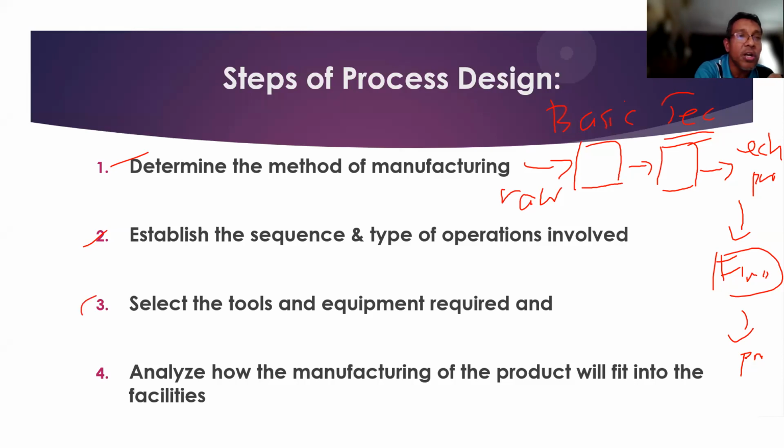And then we go for number 4, analyze how to manufacture the product to fit into the facilities. So normally in number 4, we have an existing machine inside the line. For example, we have a lathe machine. So we want to produce a certain part. So we need to do an analysis. We need to see what we need to fabricate that one. Is it required to use an additional jig?